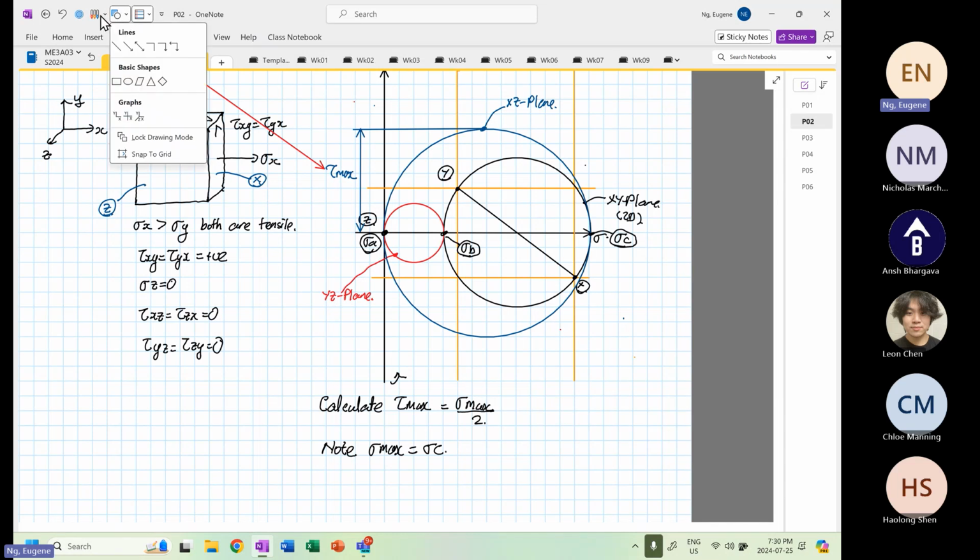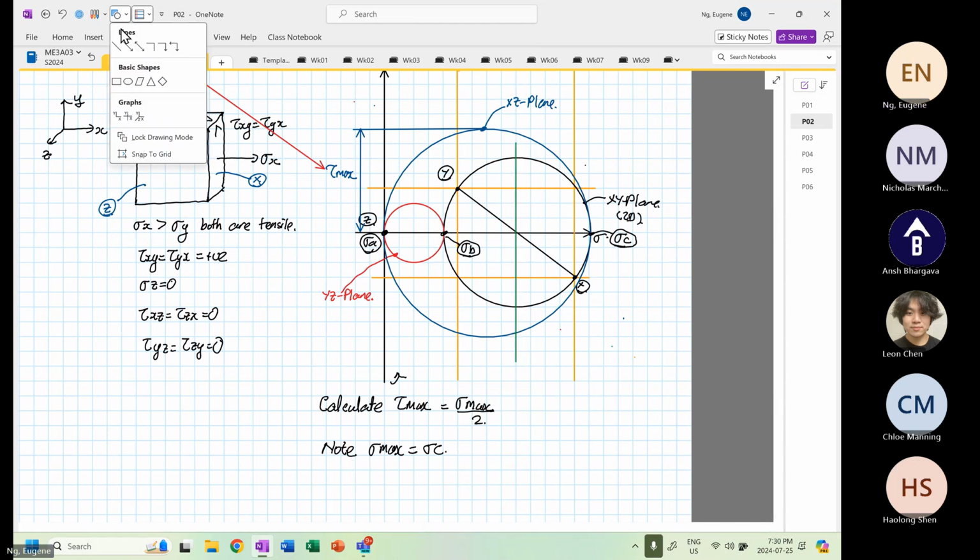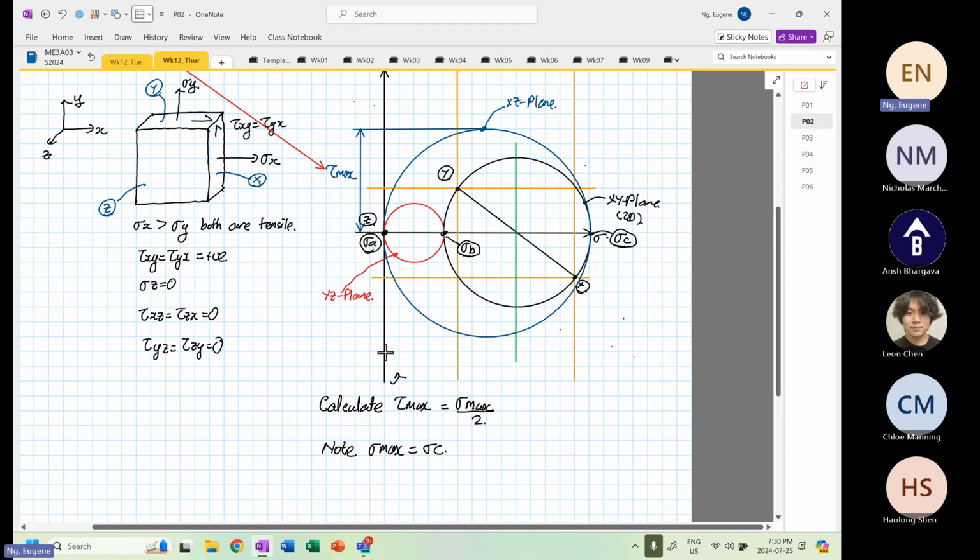So what I'm going to do is call out this line over here. And this green line, the distance from here to here, this is our stress average for the XY plane circle.